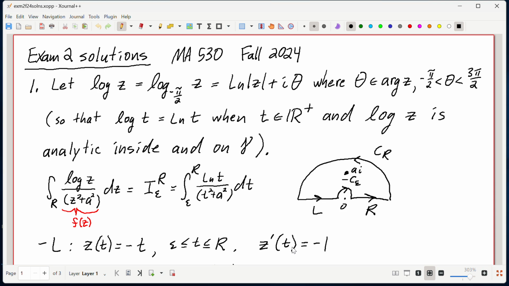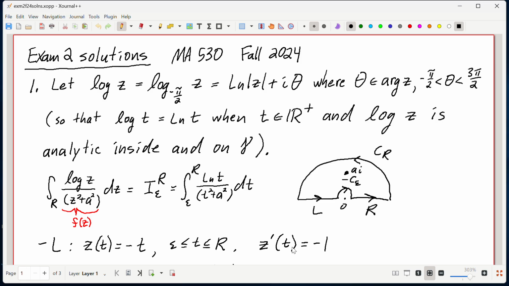And the hint was, well, take a complex integral around a contour like that. Since we want natural log of t, we're going to want a complex version of the log, and we have to choose a branch. We want the analytic function we get to be analytic inside and on that contour. So whatever the branch cut is, it shouldn't go into that region.